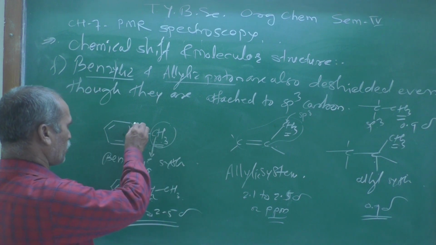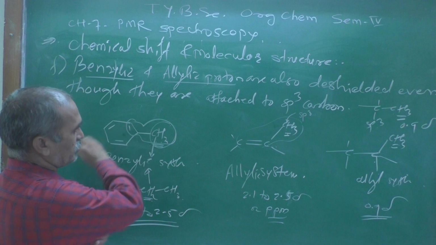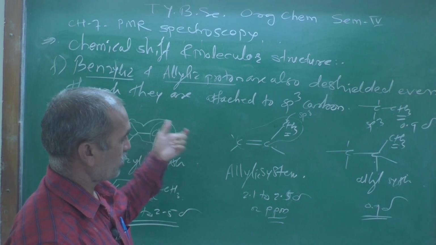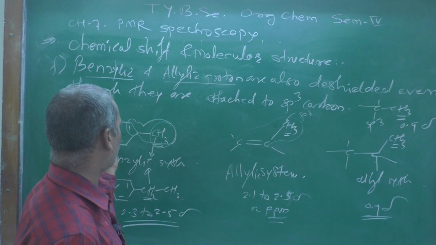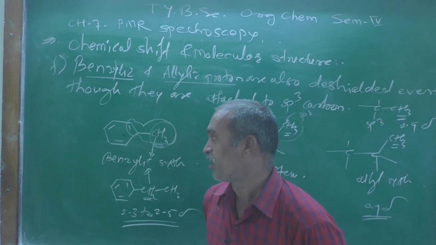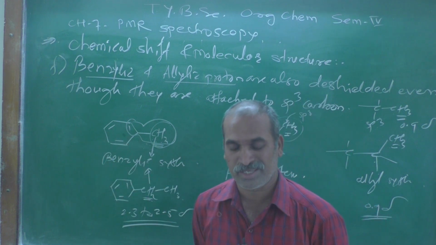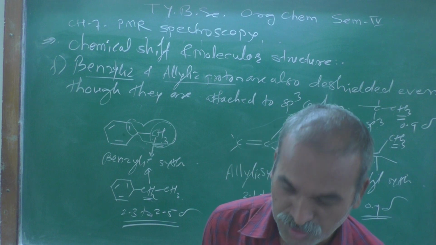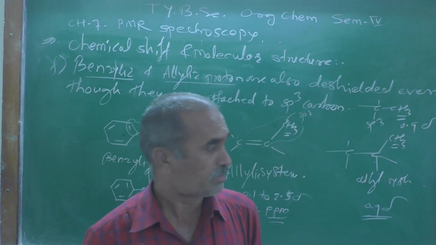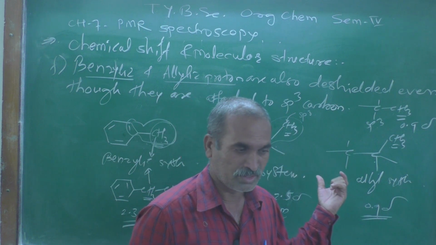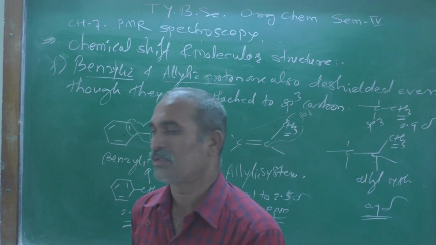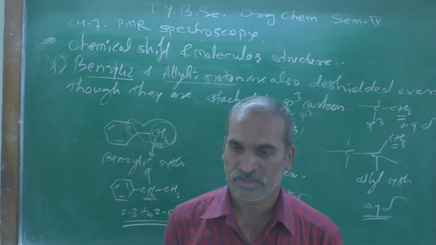Here there is a carbon-carbon double bond, so it is just like an allylic system, but there are further carbon-carbon double bonds. They are aromatic compounds because the double bonds are alternately placed, and as we know, aromatic compounds are more stable than aliphatic compounds, because aromatic compounds have certain criteria.